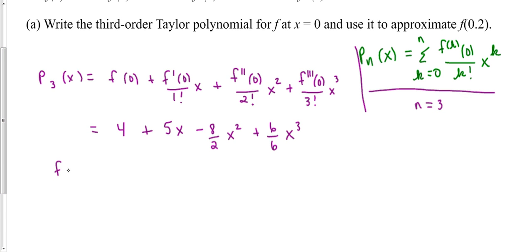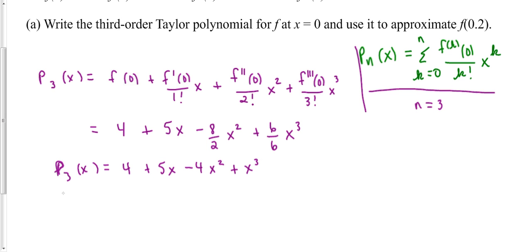So we can say that P3 of x is going to be equal to 4 plus 5x minus 4x squared plus x cubed.